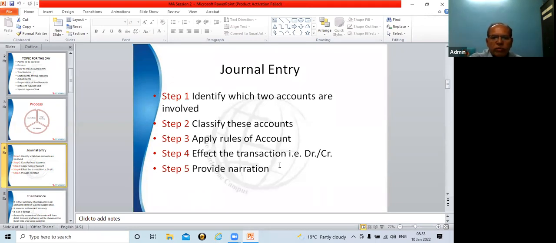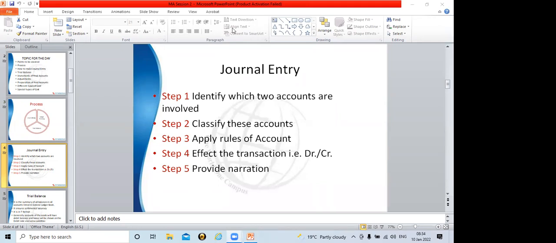So a total of 5 columns are there in the journal. I repeat again: date, particular, ledger folio number, debit rupees, and credit rupees. So this is the format for journal entry. Are you following, or am I going hurriedly? No, sir, it's okay.